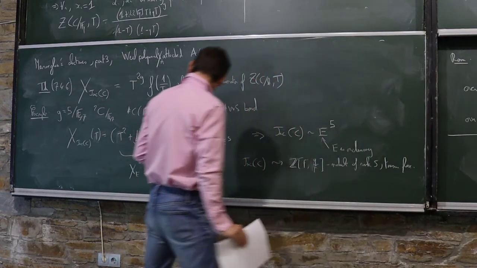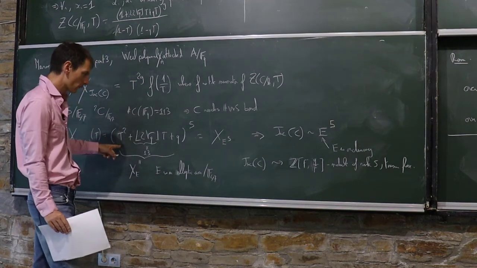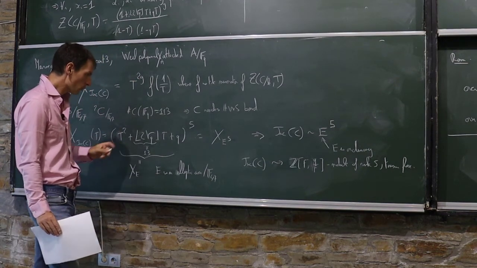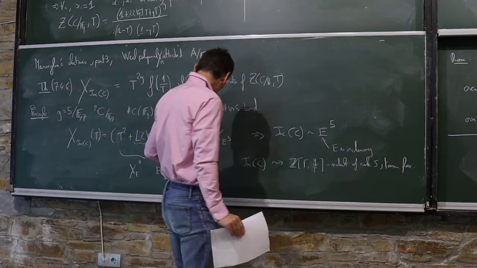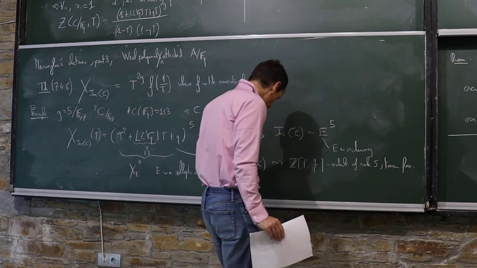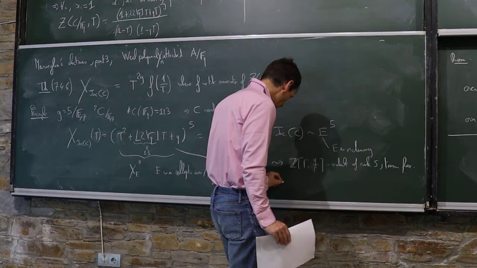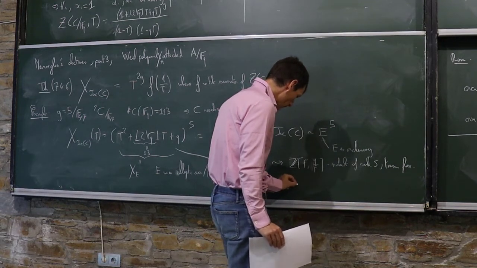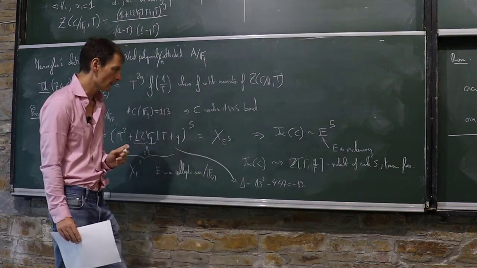What is F? F is going to be a root of this polynomial. So if you do the computation of the discriminant of this polynomial, it is going to be 13 squared minus 4 times 47, and what you get is minus 19.